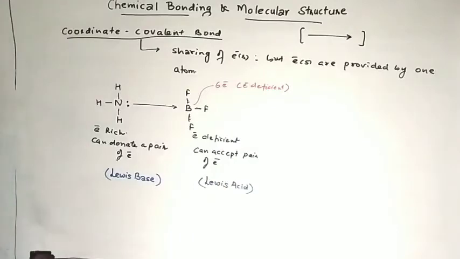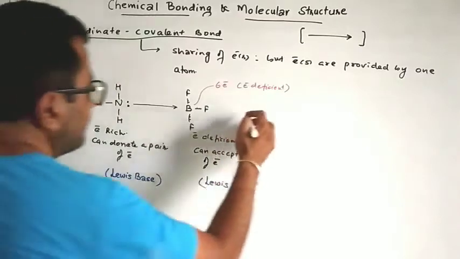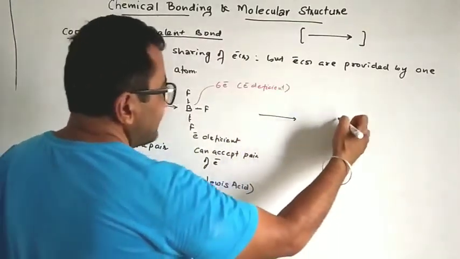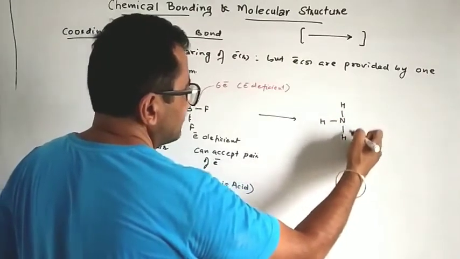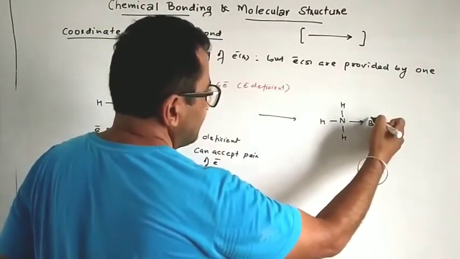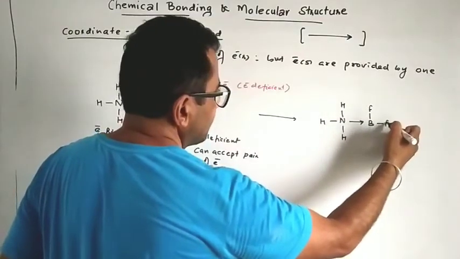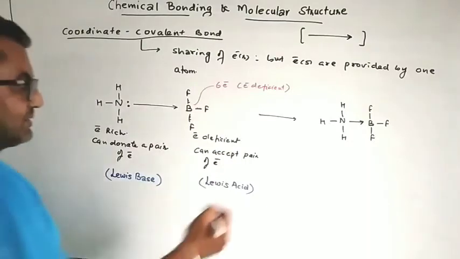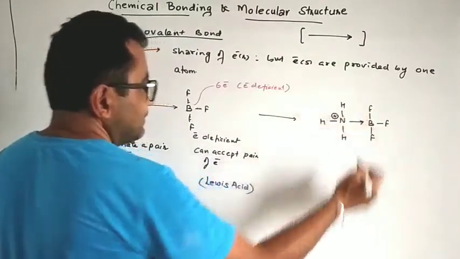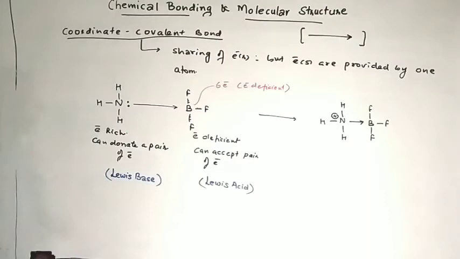So this Lewis acid, Lewis base we will also study in the chapter equilibrium. Okay. So the bond formed is nitrogen, hydrogen, hydrogen, hydrogen. There is a coordinate bond to form a complex. Now this nitrogen gets a positive charge because it donates electrons. Okay. So this type of bonding is called coordinate bond.